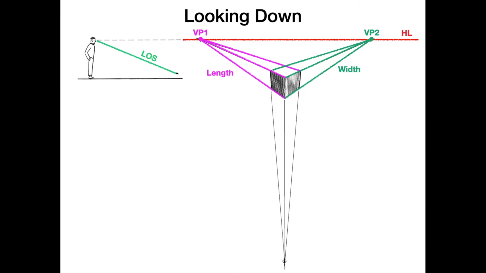And now, because we are looking down, the height of the cube is no longer perfectly vertical. They are receding downwards to converge at a third vanishing point that is way below the horizon line. And notice how very far away that vanishing point is too.